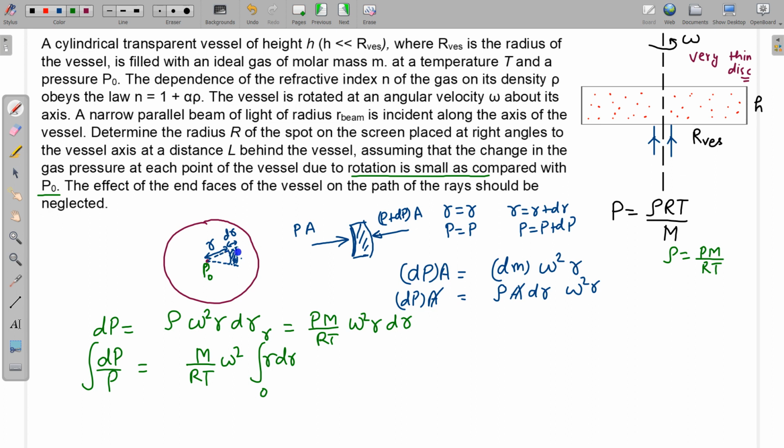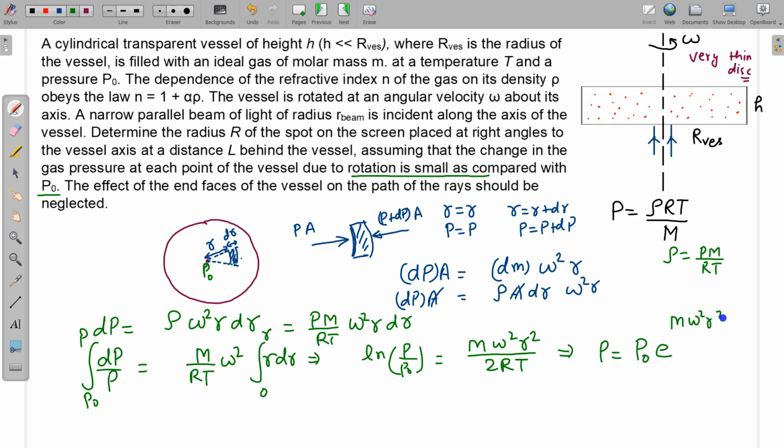So at r equal to 0, pressure is P naught, and at r equal to r, pressure is, let's say, P. So on the LHS this is ln P by P naught, and this is M omega square r square by 2RT. Further, P is equal to P naught exponential of M omega square r square by 2RT.